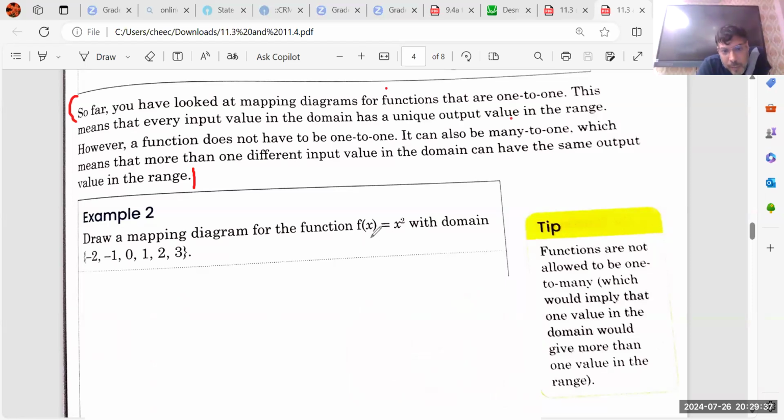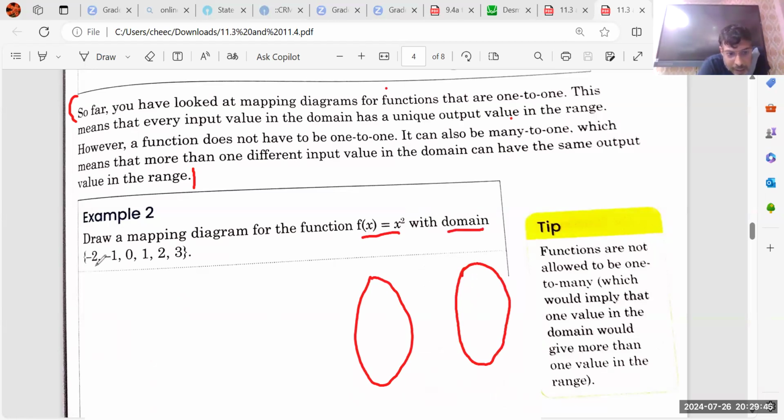All right, so guys, you have to make a mapping diagram for f of x is equal to x square. For that, make two eggs. This domain is given to you, so this domain will come in the first egg. You will find the range and you will draw lines.